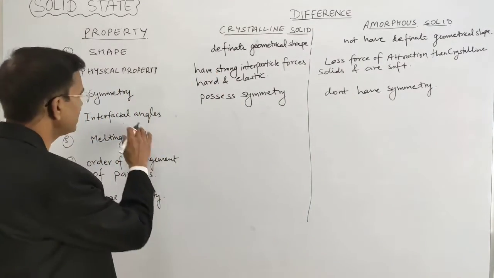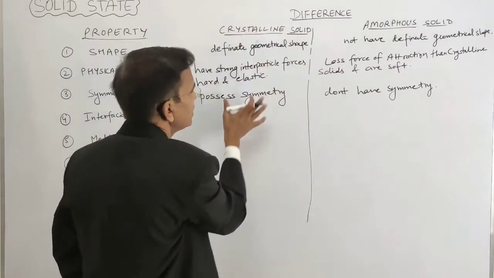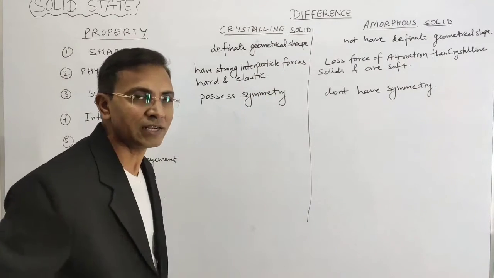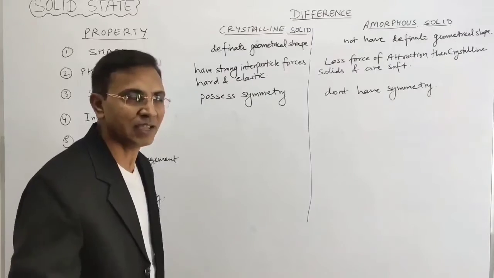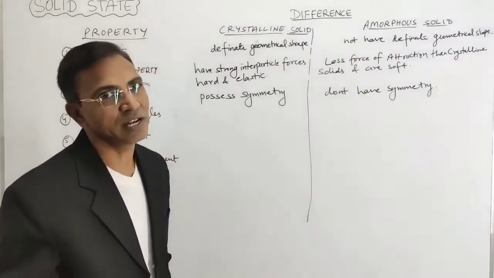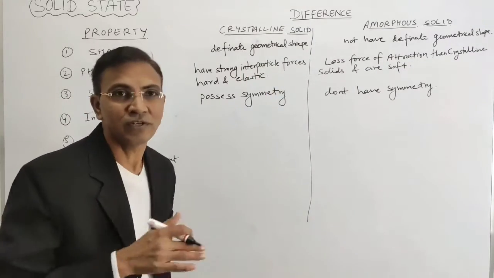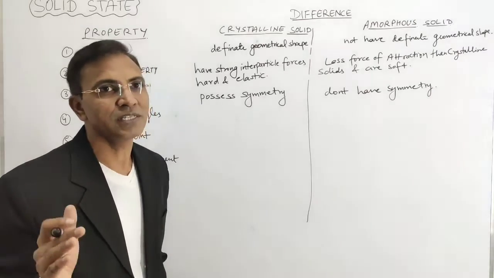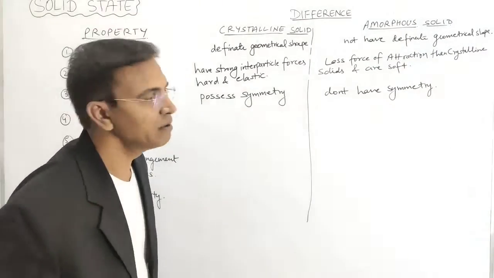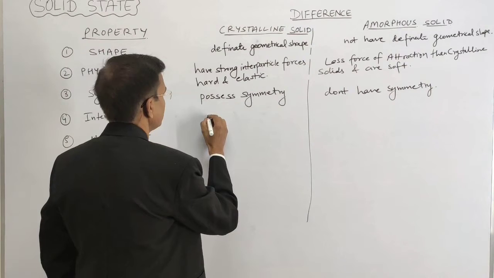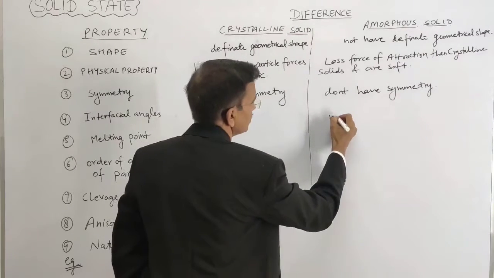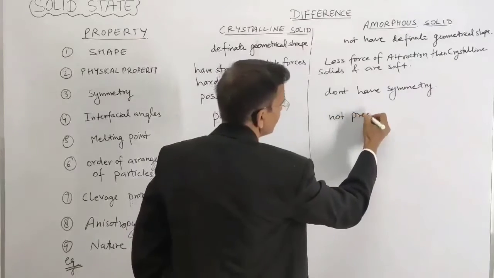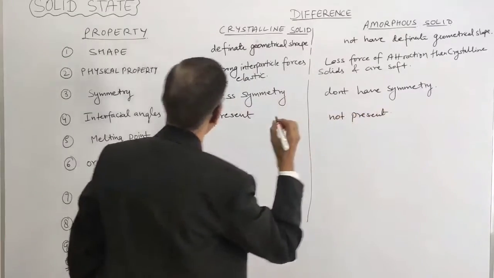Because the crystalline solids are made up of a regular arrangement of particles, they have definite planes, definite geometry, so they have interfacial angles. But in case of amorphous solids, they don't possess any kind of interfacial angles. Not present.